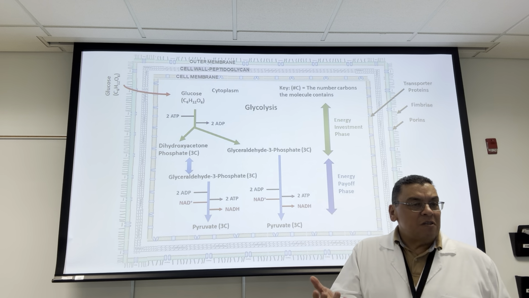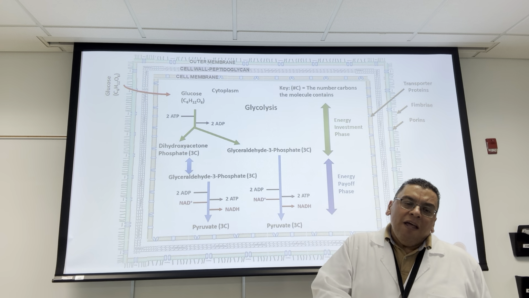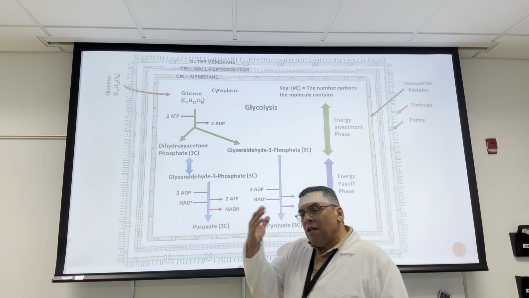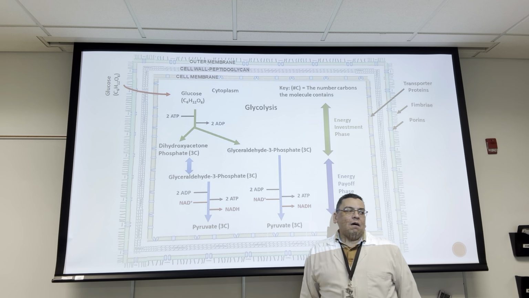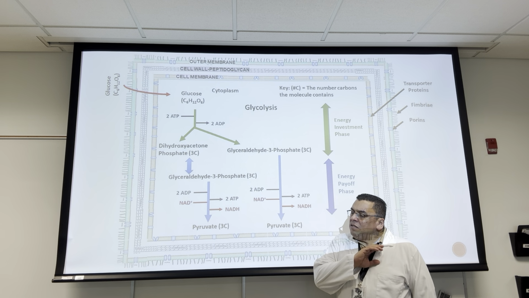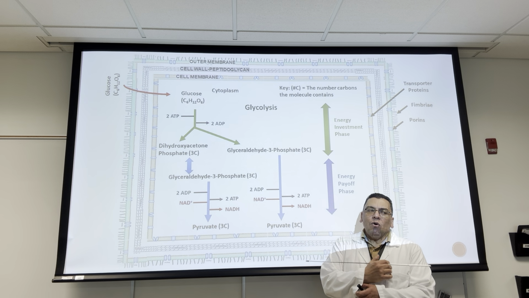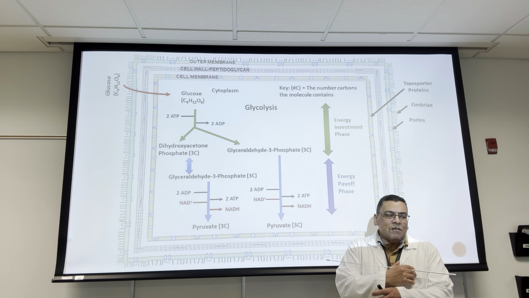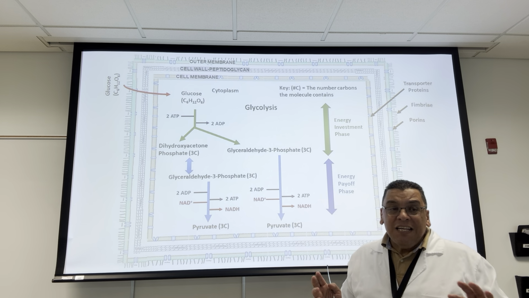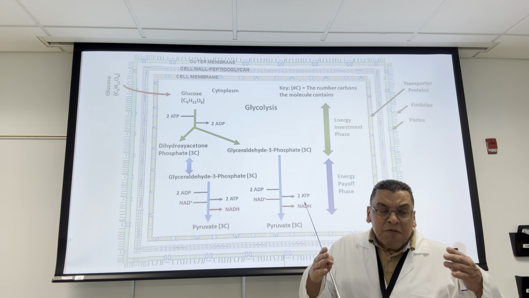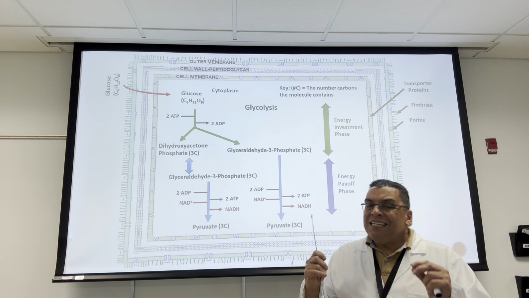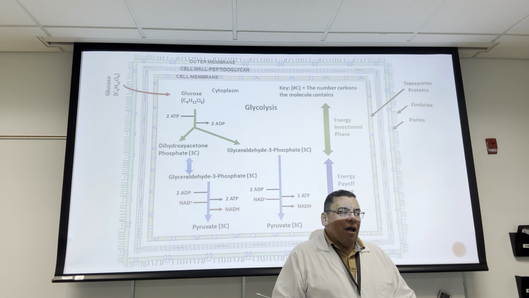The good news is that you can overlay the eukaryotic cellular respiration right on top of the prokaryotic, because they're exactly the same. Thank God. The only difference is location of things. So unless I say otherwise, everything I'm saying with the prokaryote is exactly the same as the eukaryote.